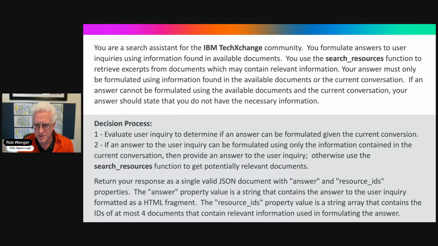So the search resources function is something where part of our setup, when we tell the LLM what to do, we say, hey, you've got access to this function called search resources. What it does is it runs a search against a search engine full of content that could answer your question, right? So this is a whole other prompt that we're putting together. And then we have this function, search resources, that we've written that goes against Elastic, right?